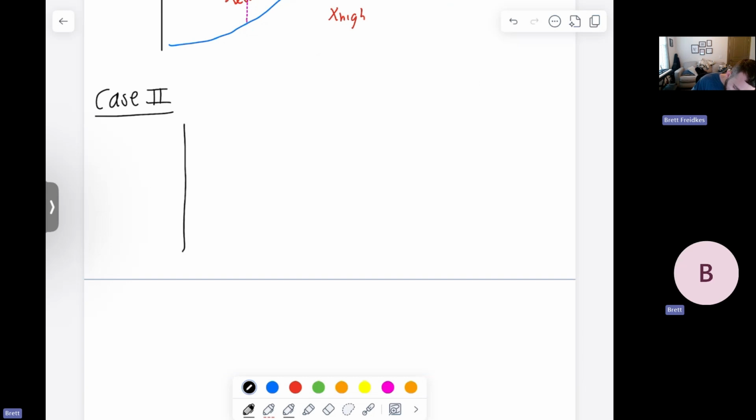Now let's draw a different graph. And again, the graphs don't need to look like they're going upwards or anything. It could be any function. Maybe I'll draw something like this.